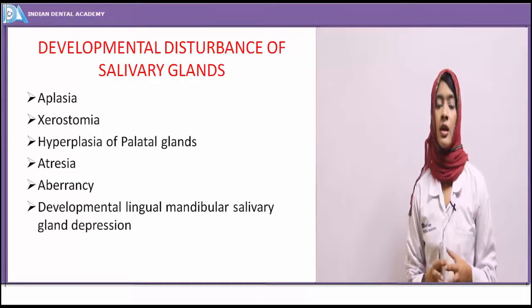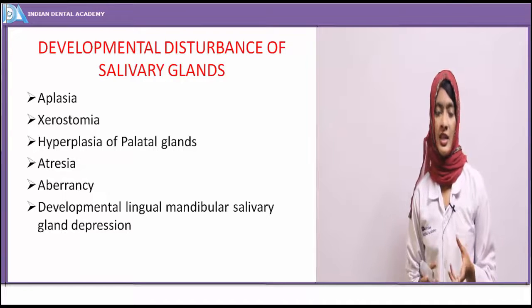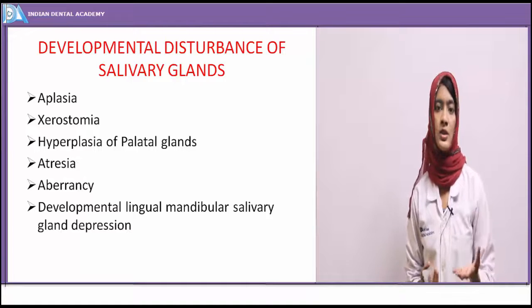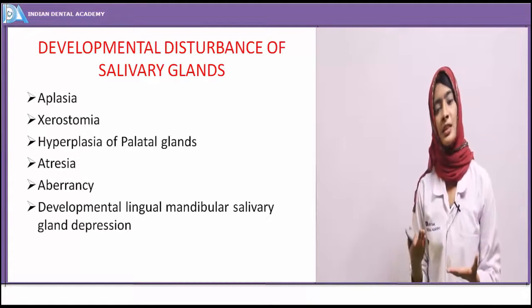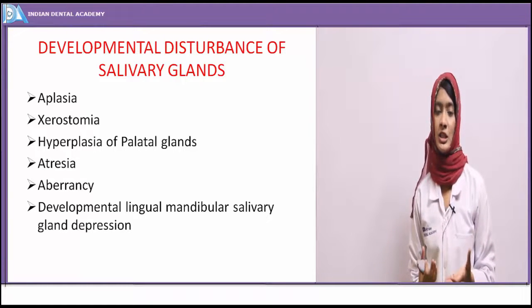Psychological causes are when the person is in a state of stress or anxiety, or, as you might have noticed, during examination time, in the oral cavity you see reduced salivary production.